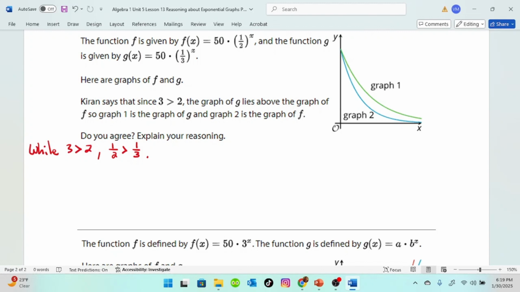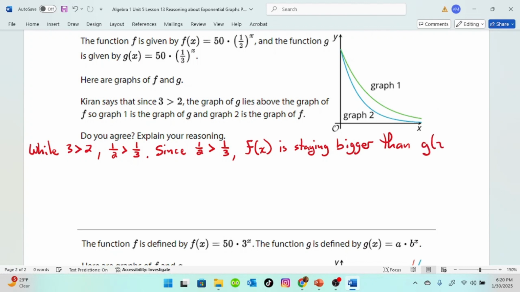So, since 1/2 is greater than 1/3, f of x is staying bigger than g of x.